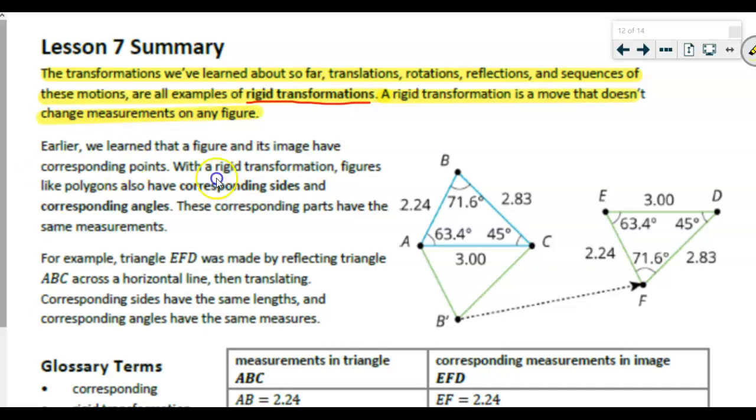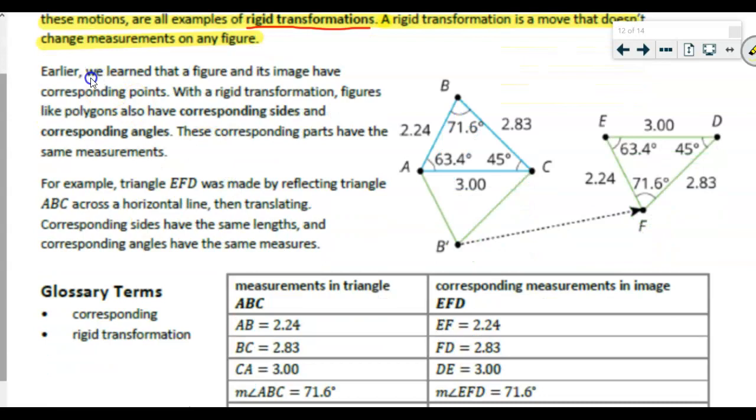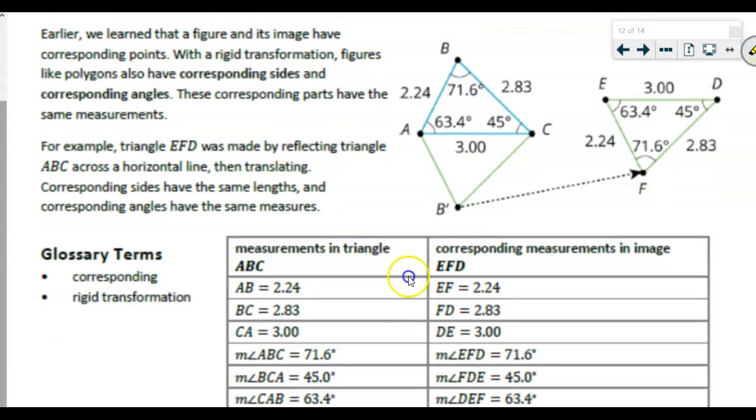We can continue reading. Earlier we learned that a figure and its image have corresponding points. With a rigid transformation, figures like polygons all have corresponding sides and corresponding angles. We can see all of that listed here below in this table. Triangle ABC was first reflected and then translated to become triangle EFD.